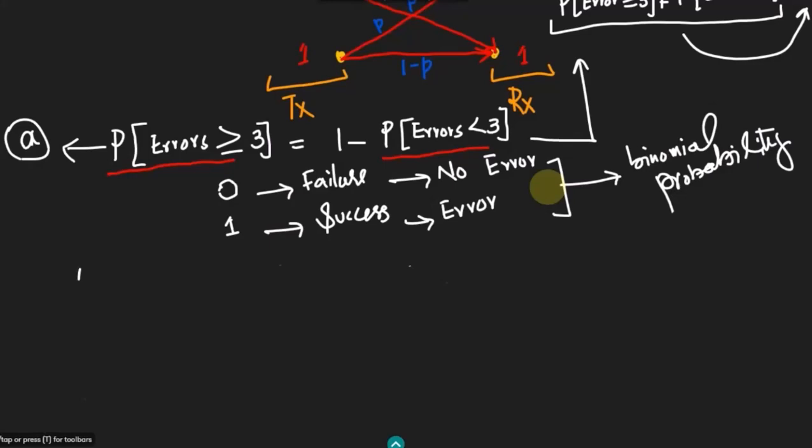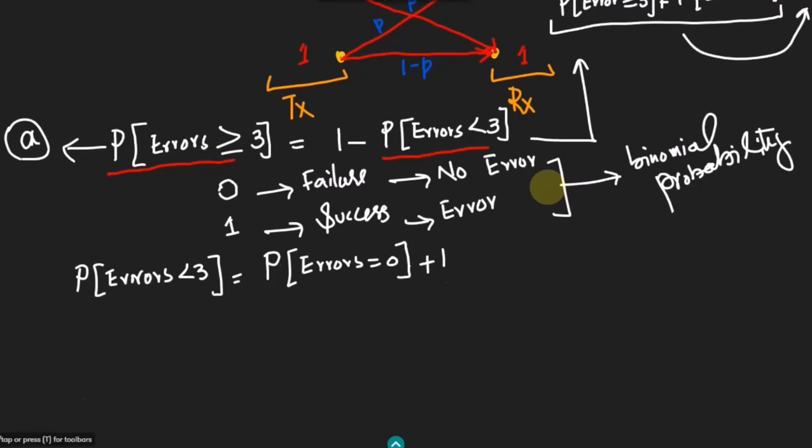The probability of errors less than 3 will be equal to the probability that the errors is equal to 0, similarly the probability that errors is 1, and plus the probability that the errors is equal to 2.